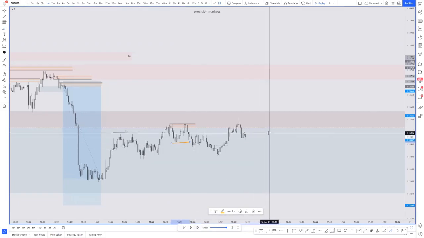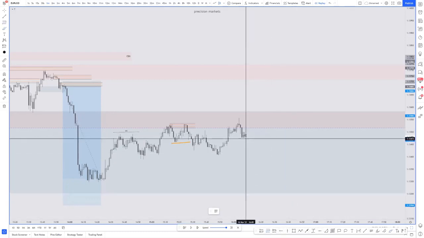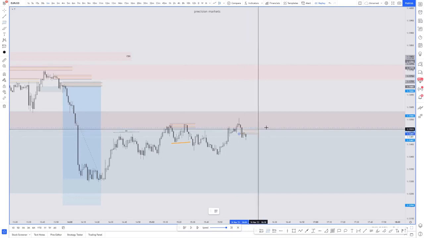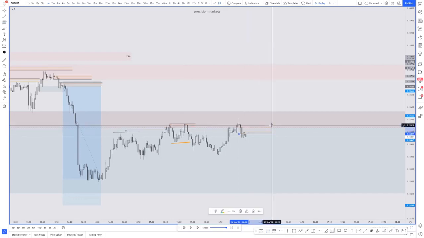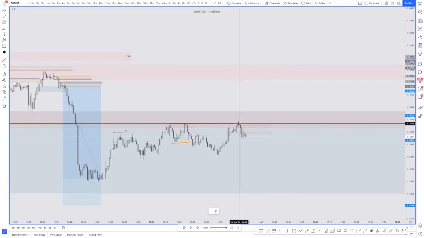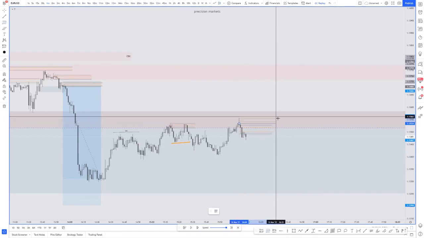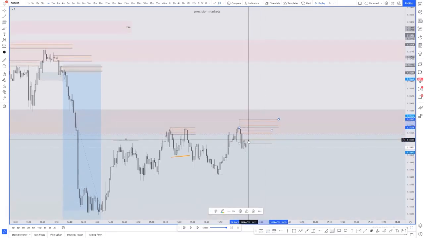Let's see. So this is kind of a weird one. Entry 1 would be right here. Entry 2 would be right here. Anytime the two are touching, I always like the extreme. The only other thing is we have a wick on each side.